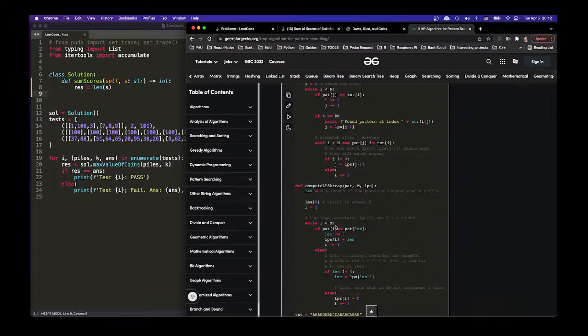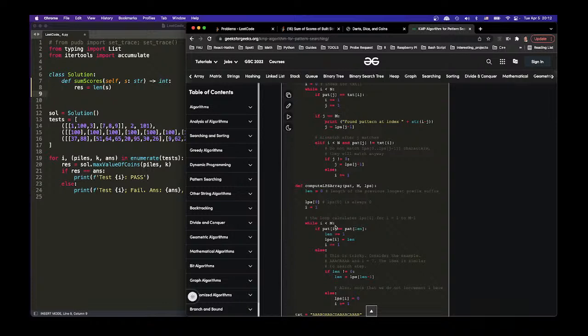Now we look at the new character against that length. If they're equal, we increment. That's correct. If they are not equal, the current one and the character at the length, then it's not equal.